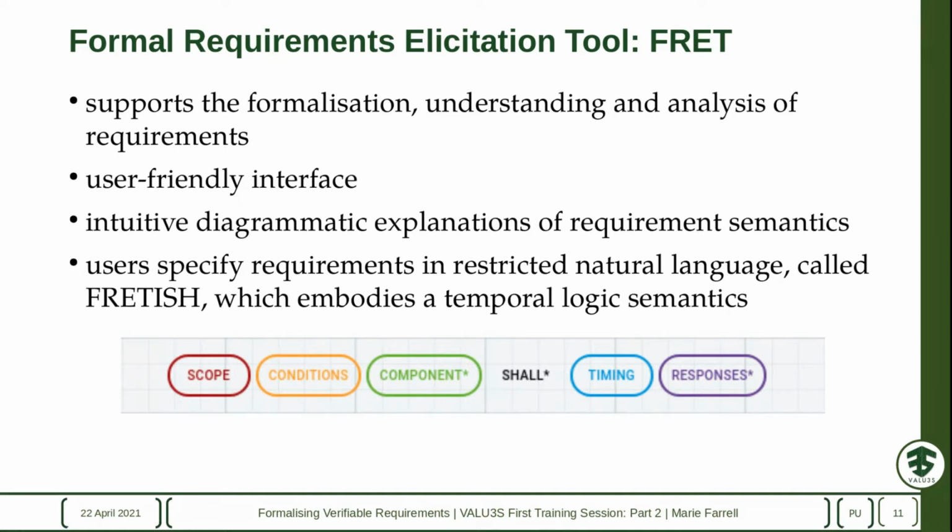You then assign this to a component, so you can say which component has to obey this requirement. Then use the shall keyword to say that this shall happen, and you can specify timing to define the point at which the response should occur, and the response is usually that some property is satisfied. So FRET is open source and available online.